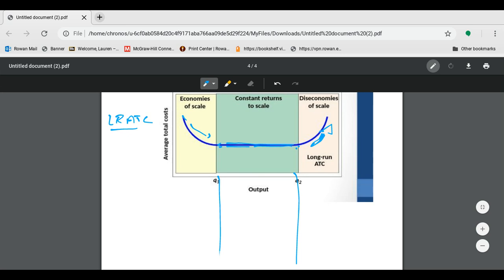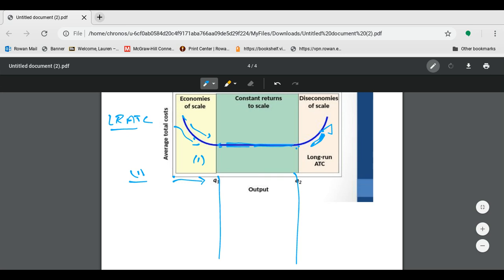So for the economies of scale, I'm going to use just maybe one for economies of scale. So economies of scale, what that says is as we produce more, we go from like 0 on this far left side, and we keep producing more output. That says we're producing more, but our average total cost, our cost per unit, is falling.